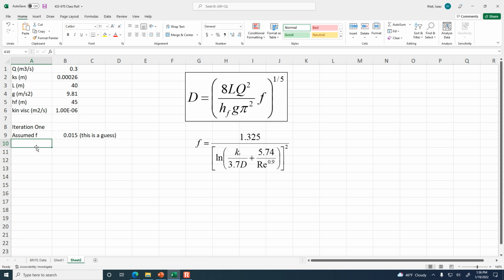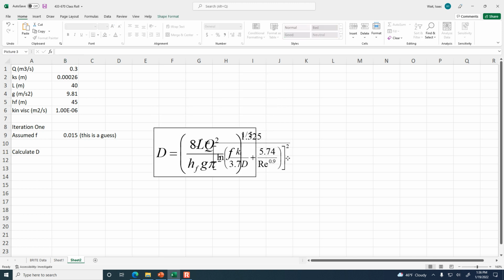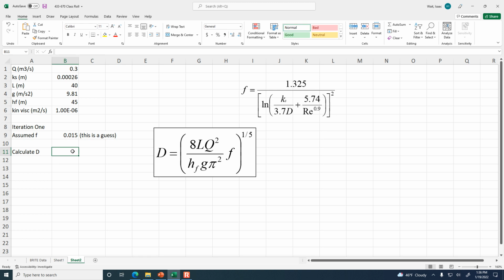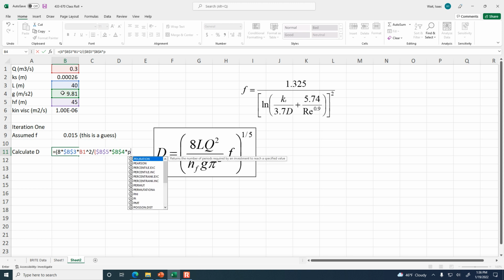Okay, so calculate D. Here I'm going to use this formula to calculate D. Let me move this other one out of the way. D equals 8 times the length of the pipe times Q squared divided by H sub F times G times pi squared.